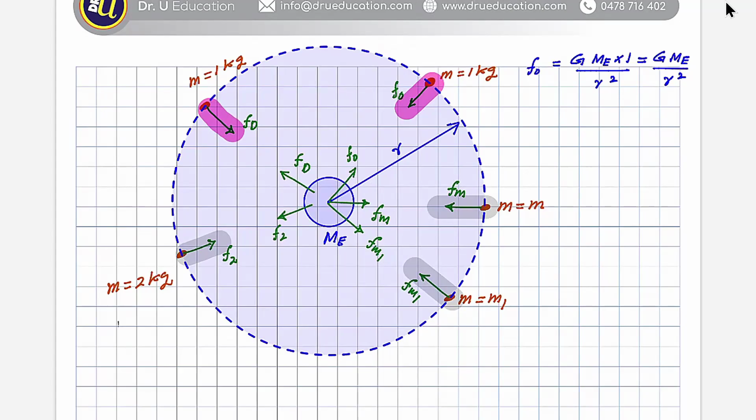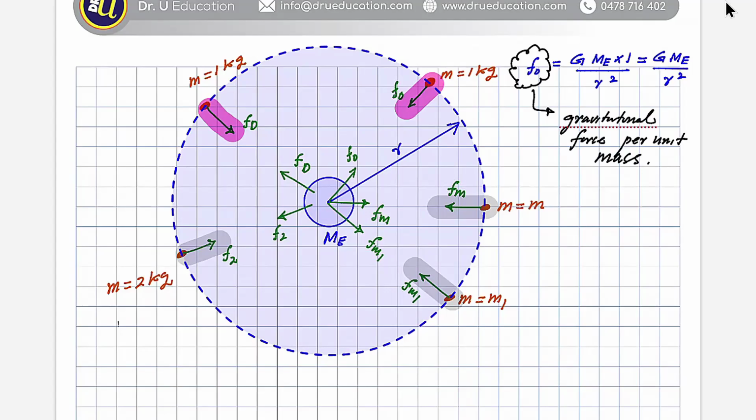Now, if you really look into this, I'm going to define this in this way. This is nothing but gravitational force per unit mass.